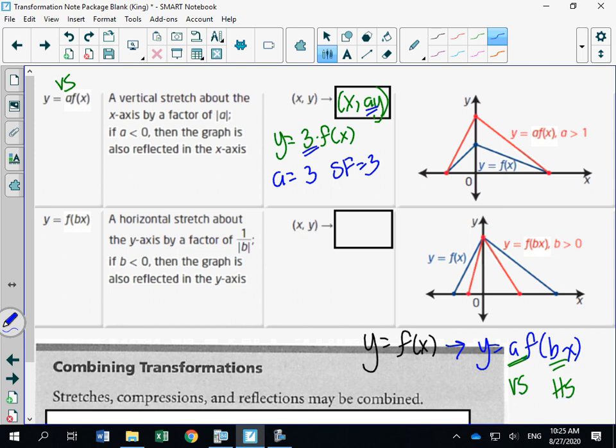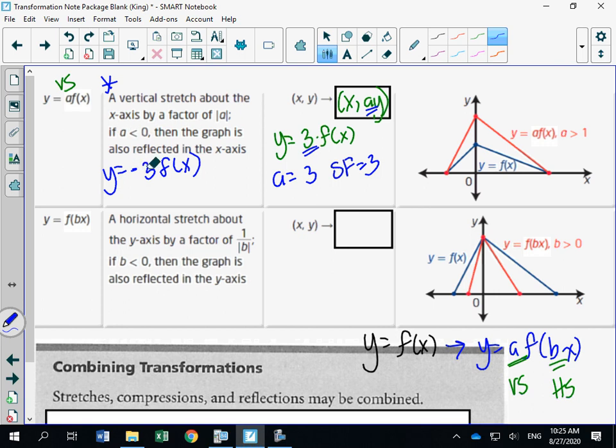Now, what happens if we did this? y is equal to -3 f of x. That is a vertical stretch about the x-axis by a factor of the absolute value of a. I'll explain what that means.